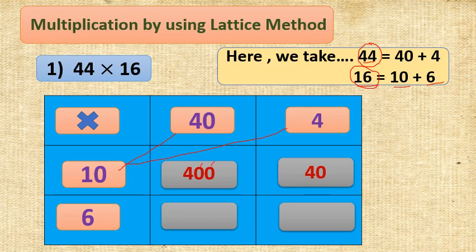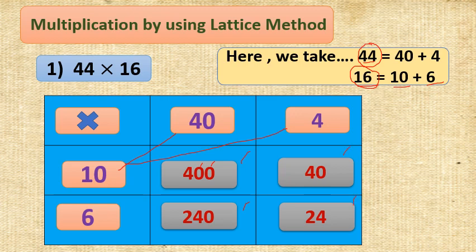Okay. Now 6 into 4. 6 4s are 24, and again here 6 4s are 24 plus 1 zero. We have to add, that is 240. Now we are going to add. This is first, second, third and fourth.